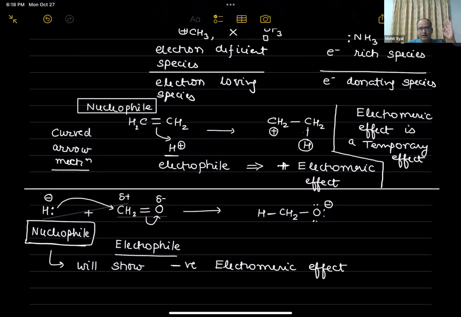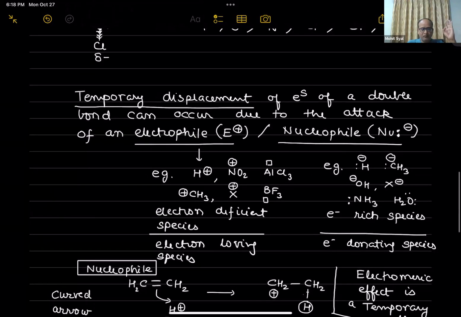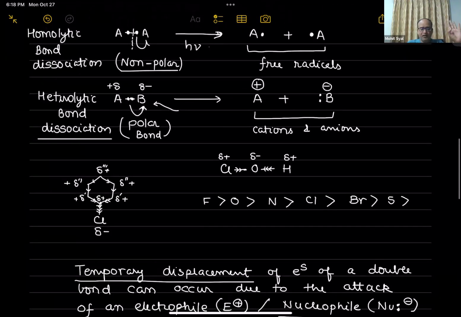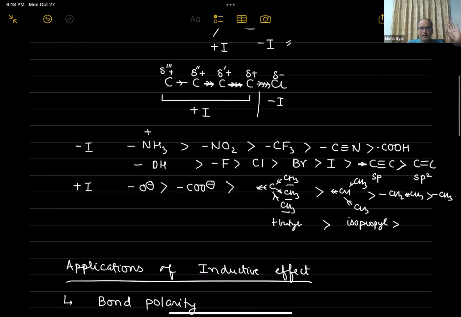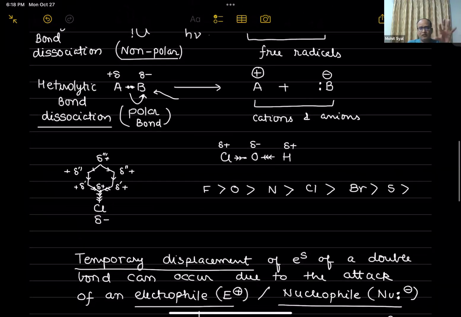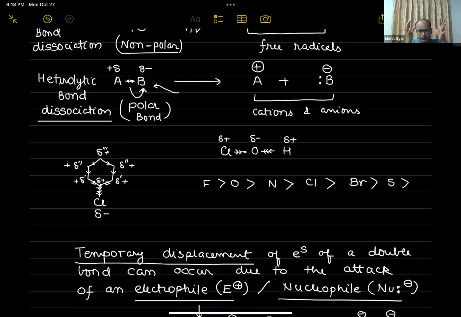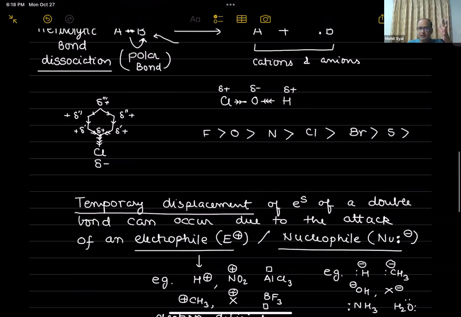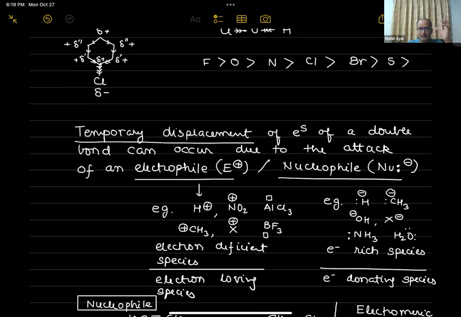So what we have learned in this part today is the inductive effect. Inductive effect is a permanent effect that is there as long as these groups are there. It shows how the electrons are shifted in a molecule, not because of some other external factor. Electromeric effect is a temporary effect, and it is exerted by some other electrophile or nucleophile which is approaching a double bond.